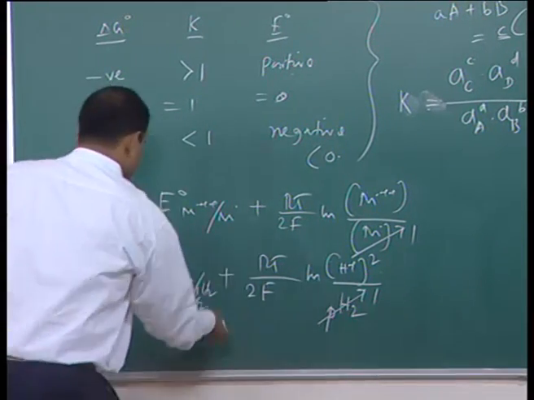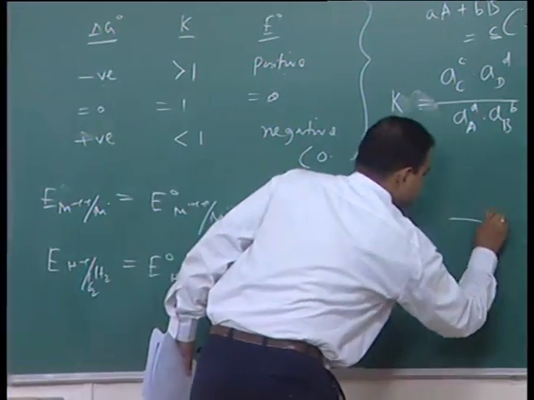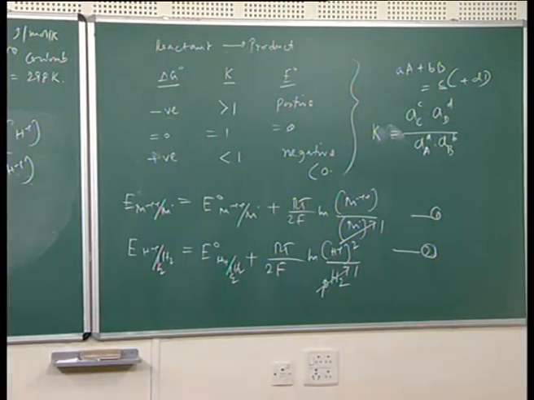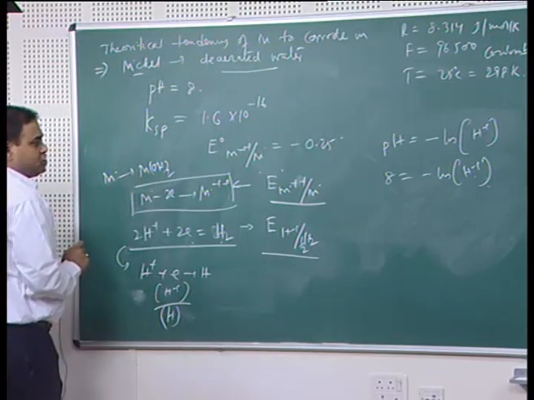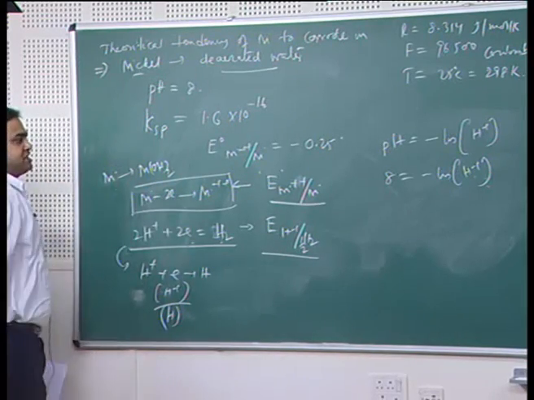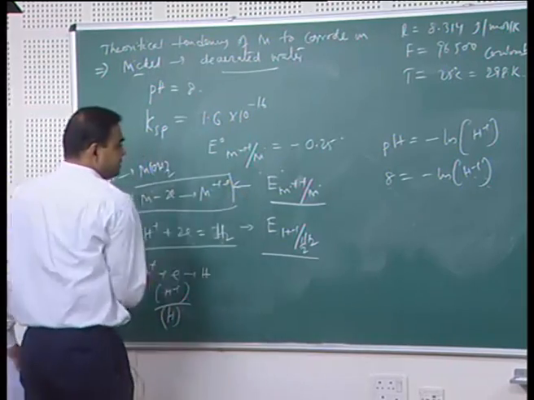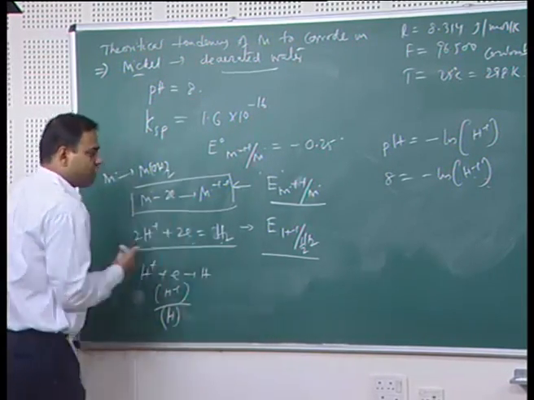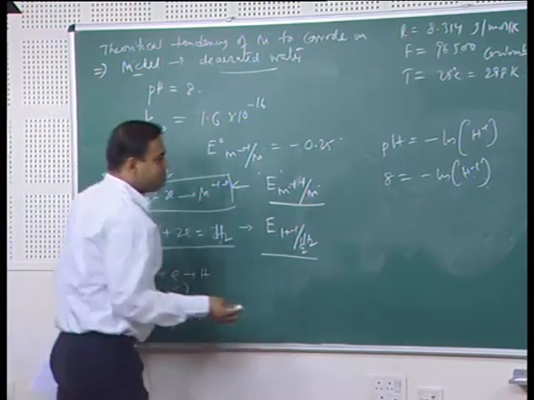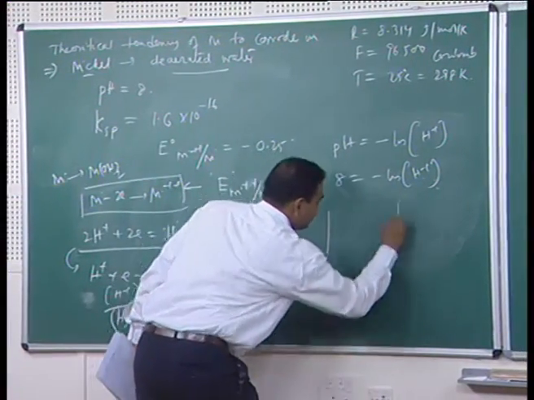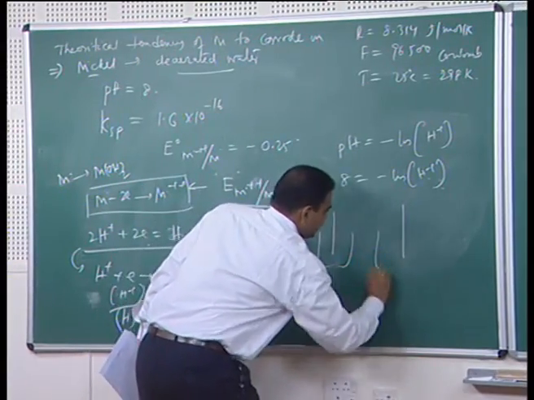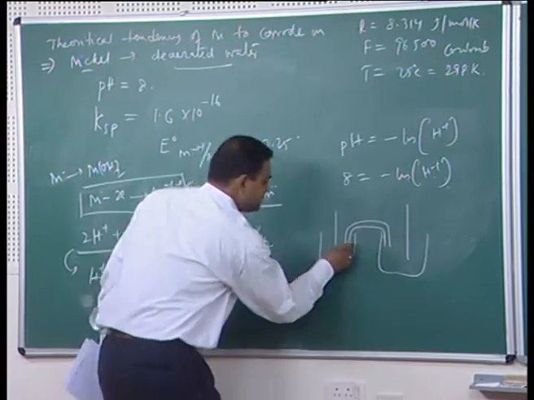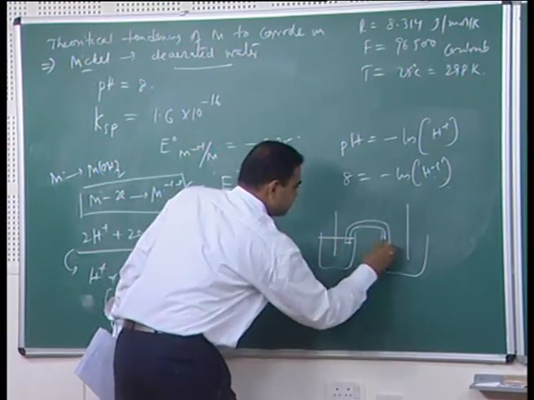Now consider these two reactions, this is 1, this is 2. We have assumed that nickel oxidation is taking place, so the potential at this electrode should have a lower value than this one. Consider two electrodes connected with a salt bridge and a solution.